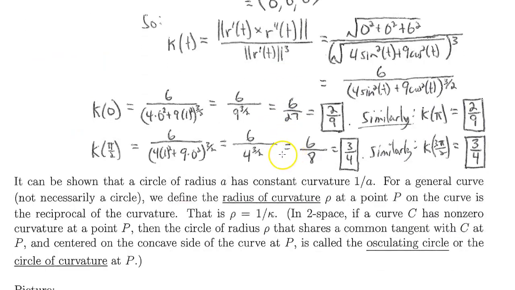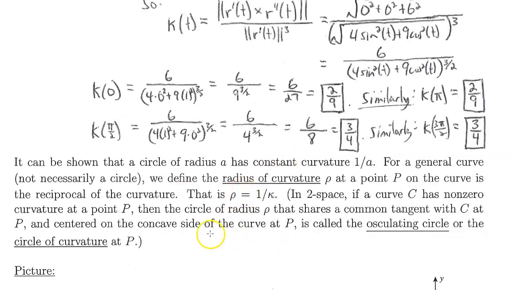Now it turns out that it can be shown that a circle of radius a has a constant curvature 1 over a. So what this really means is that if you have a circle, the bigger the radius is, the smaller the curvature will be. For example, if you have a circle of radius 10, the curvature would be 1/10.